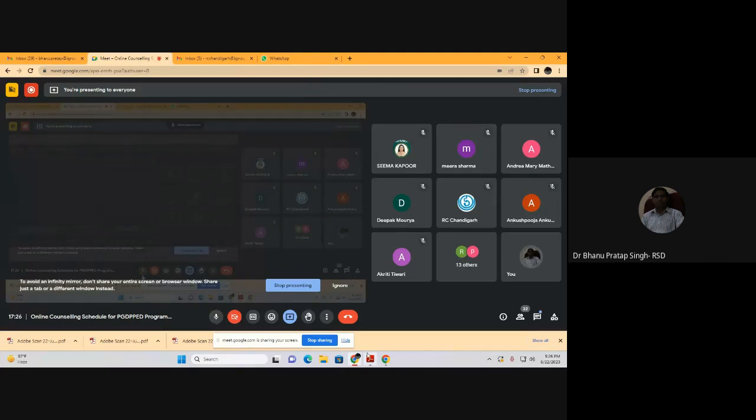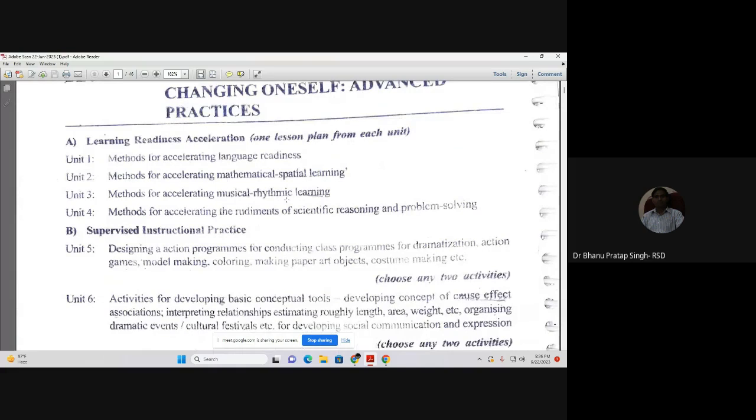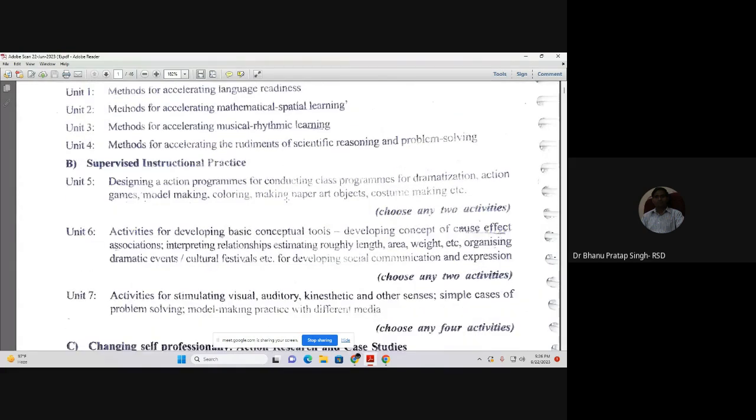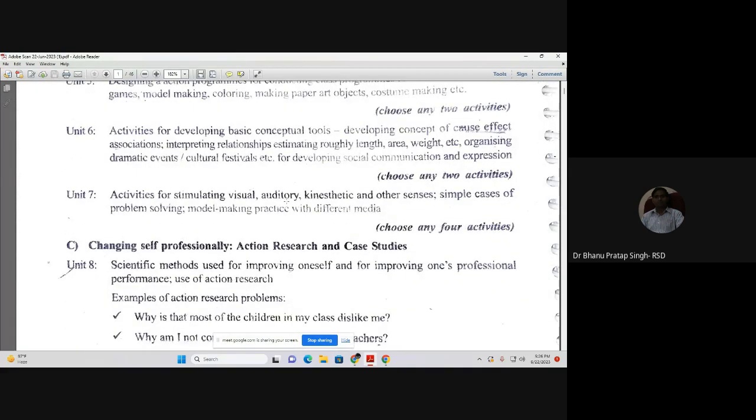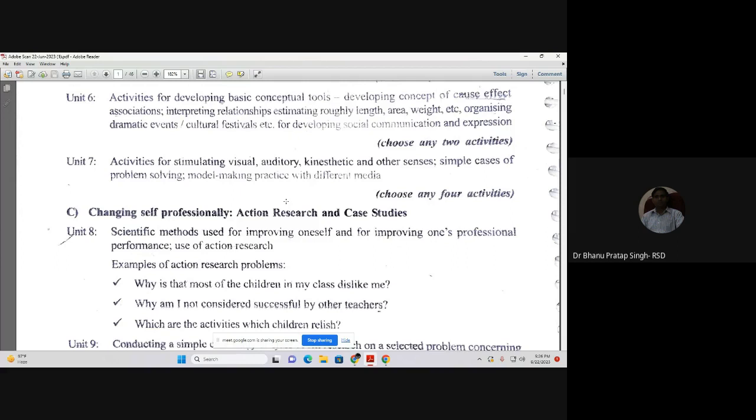Is it visible? Yes, sir. So this is Block 4. This is the detail about activities, and now how one of the learners has submitted their project.